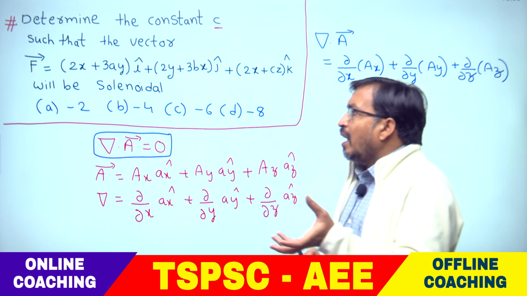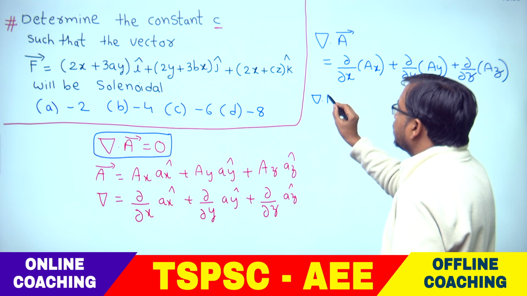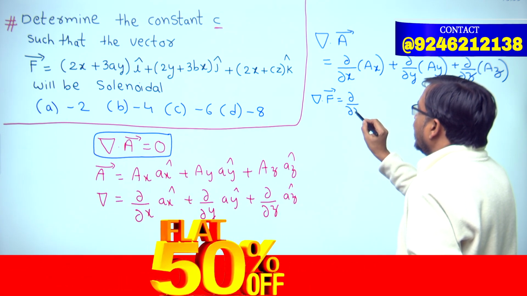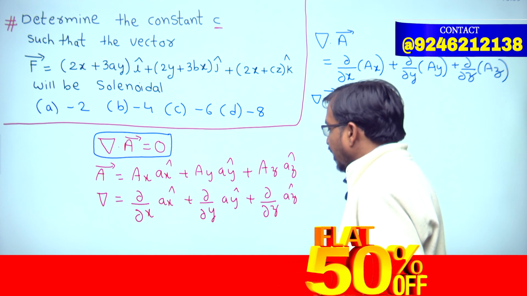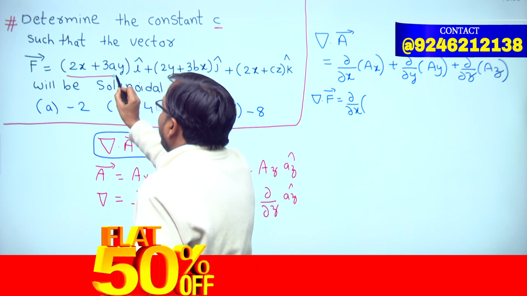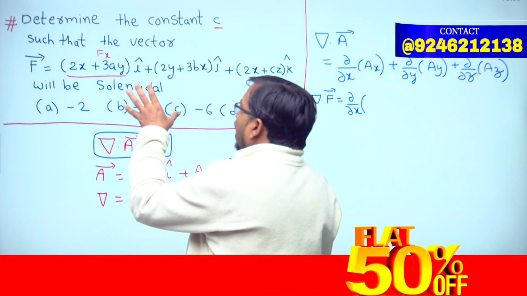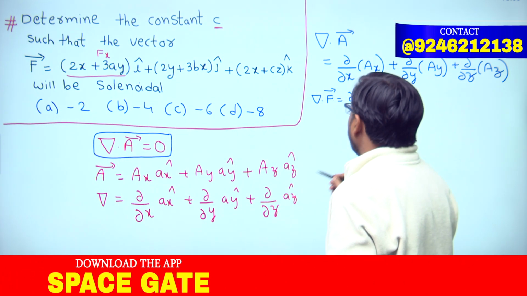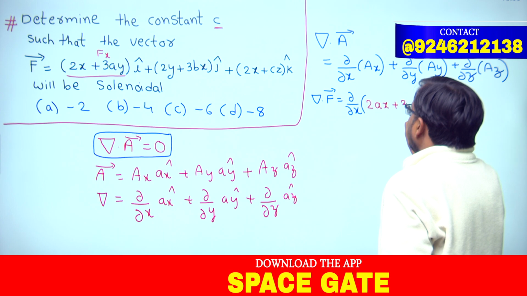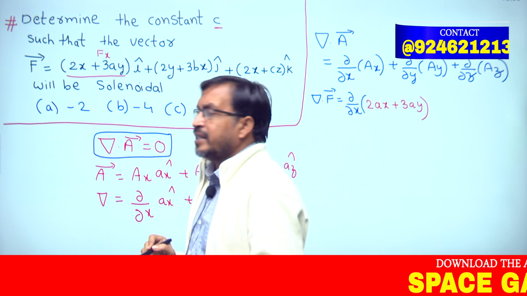Here a vector f is given, so I am writing the formula del dot f equals dou by dou x of fx. Here the fx value is 2x plus 3ay. Fx means the magnitude of vector f along the x direction.